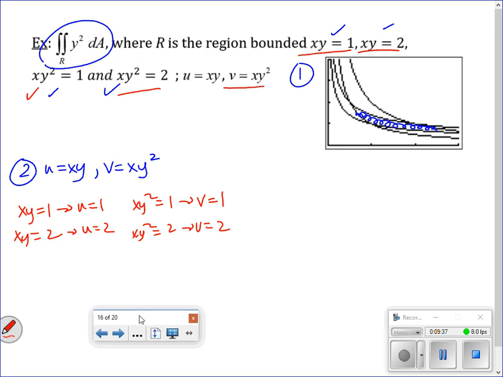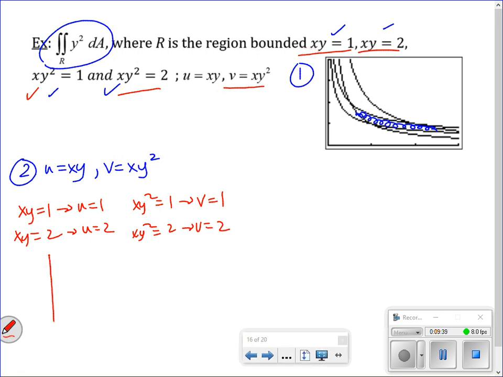So it's quite easy to go ahead and tell the area that you're doing in step 3 is this area. You know what, that was all step 3, and I need to go back and do step 2. But anyway, you're able to see that it's between 1 and 2, and 1 and 2. And so you basically have this square. So when you do your double integral, you'll be doing 1 to 2 for both u and v.